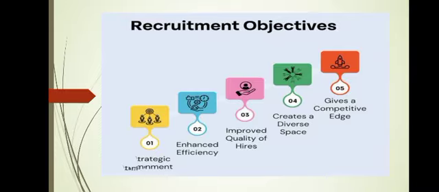Fourth one, to increase the number of job applicants at reduced cost. Cost should be less, but we are expecting a large number of candidates to apply for that job. One example: we have two jobs, and 100 employees have applied. It means the ratio is 1 to 50; out of 50 employees we are going to select one.